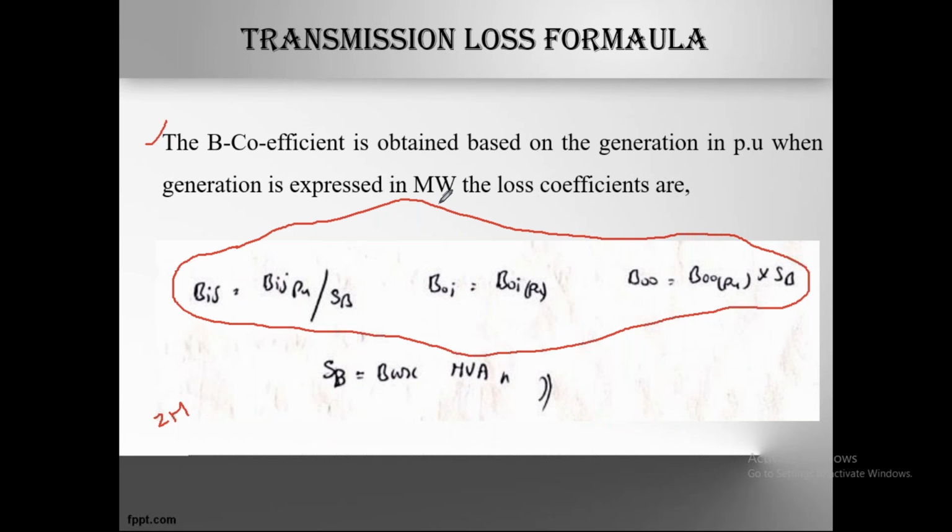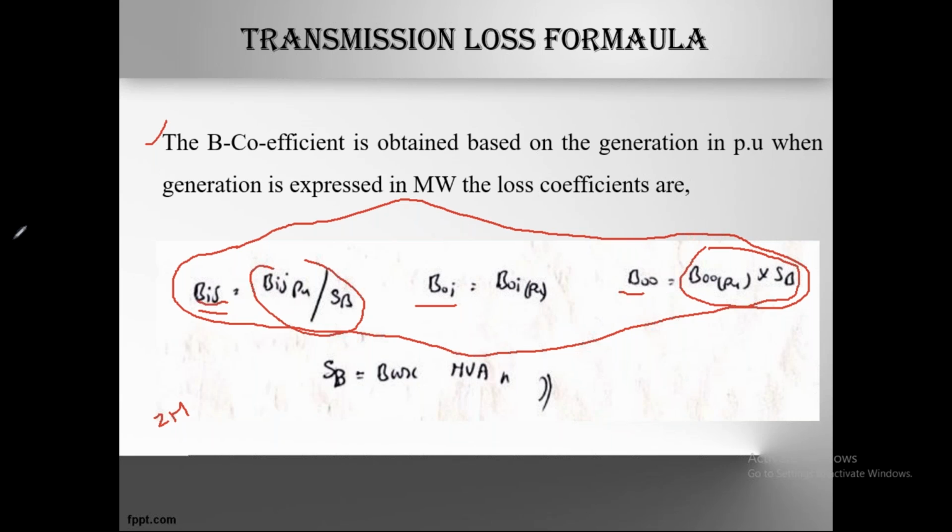When the generation is expressed in megawatt, the loss coefficients are expressed in megawatt. We get megawatt by dividing the per unit value by the base MVA, and by multiplying the per unit value with the base MVA, you will get these three types of B coefficients.